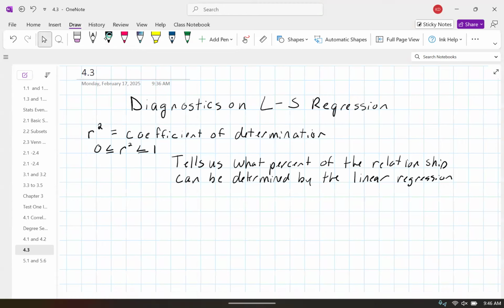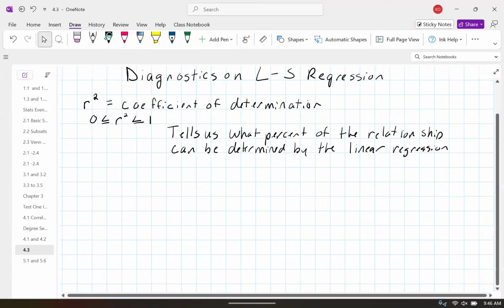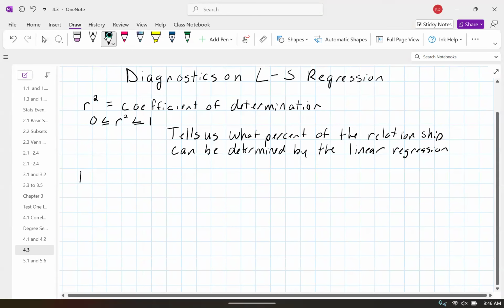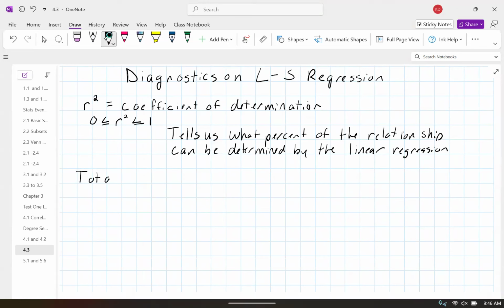Okay. We have a couple equations and I'll show some pictures. So our total variation, this equation is our sigma, the sum of y minus y bar, so our individual data values minus our mean, squared.